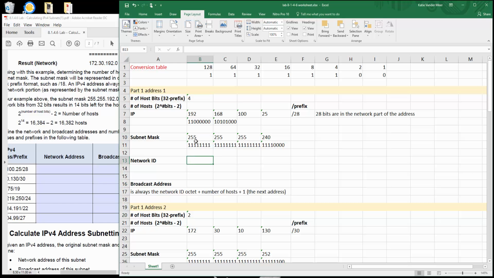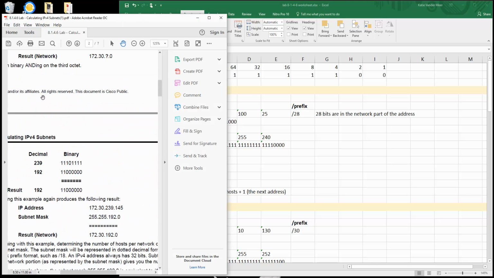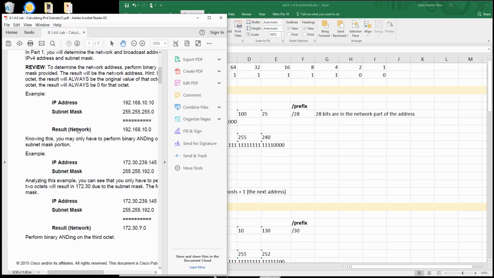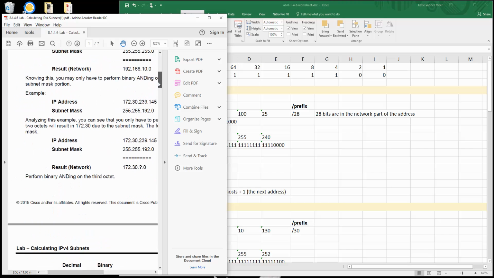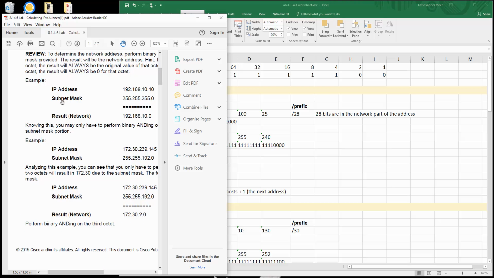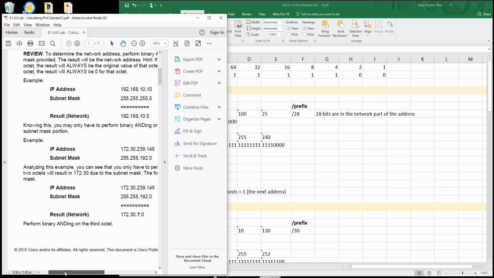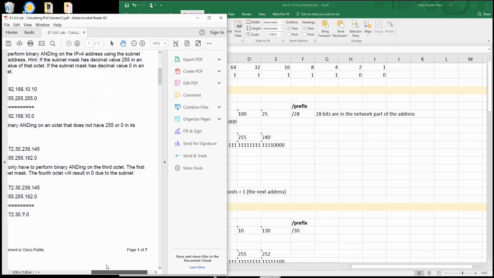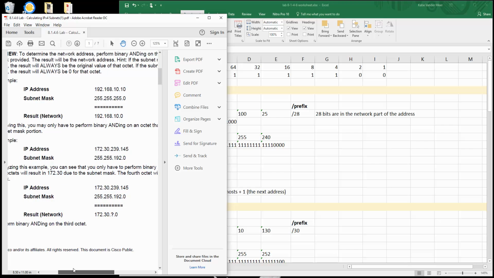Now this is where binary ANDing comes into place. It's explained up in here, up in here, up in here. So we have an IP address, we have a subnet mask. You can only perform binary ANDing on an octet that does not have 255 or 0 in it.